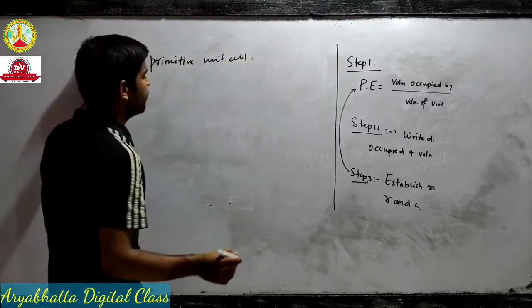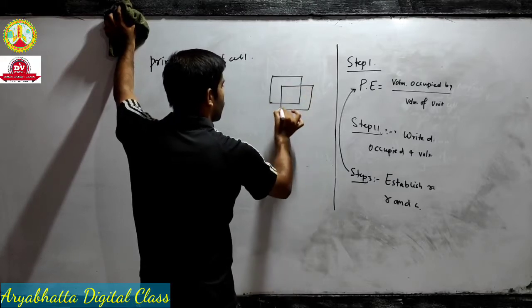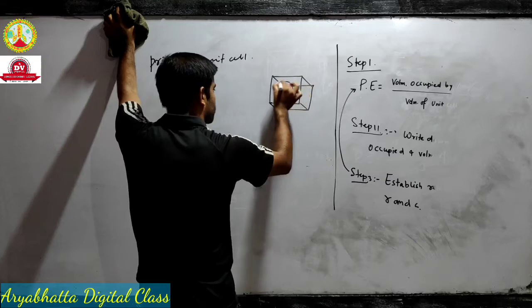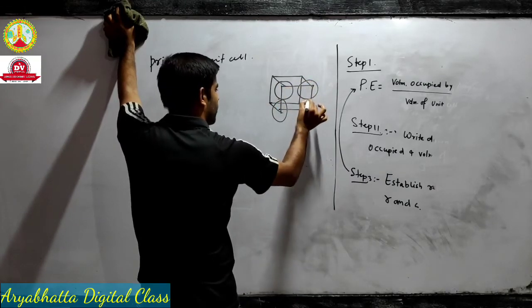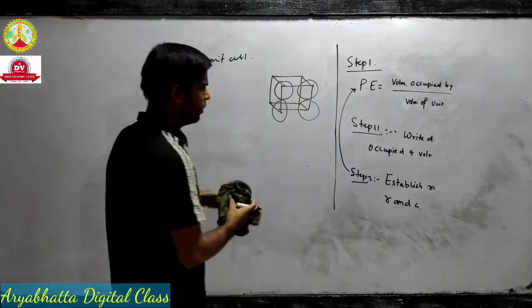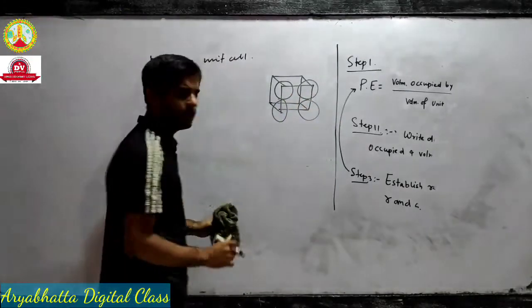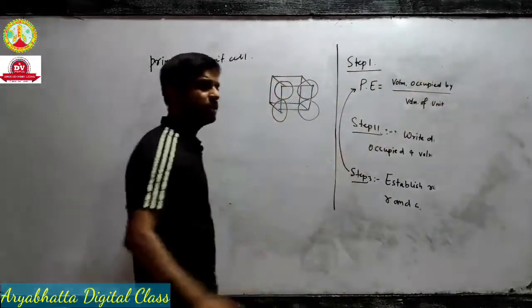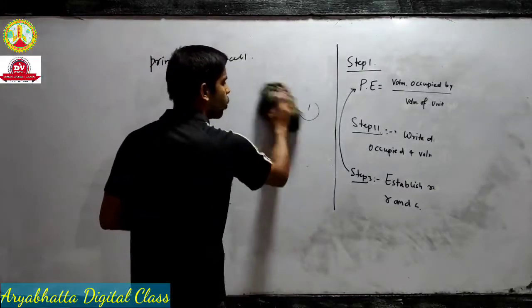So what was the primitive unit cell? We have atoms touching each other at corners. Actually these spheres or atoms are touching each other. Okay, so these formulas remain the same. The only thing that changes is volume occupied.